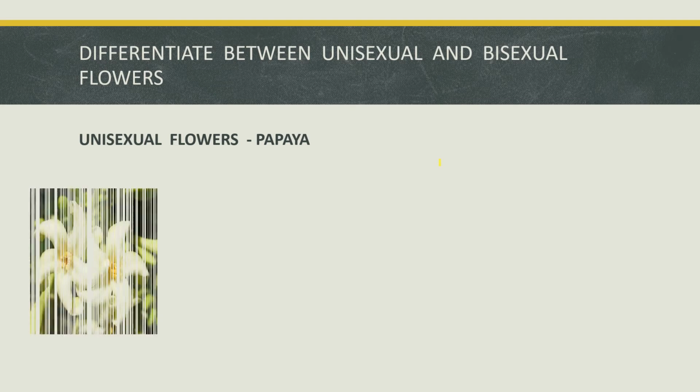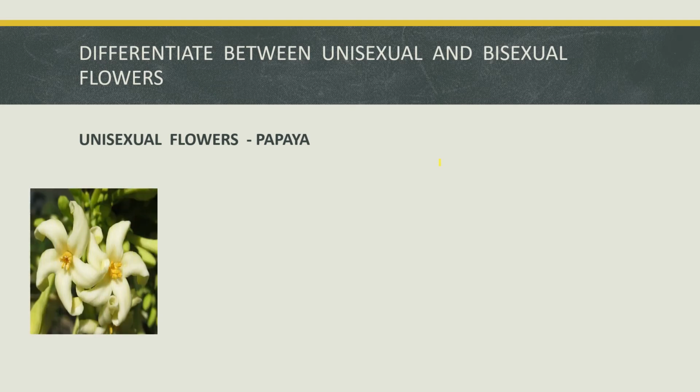What do you mean by unisexual flowers? What is the difference between unisexual and bisexual flowers? Unisexual flowers are flowers that contain only one of the reproductive parts, either the pistil or the stamen. An example of a unisexual flower is the papaya plant.